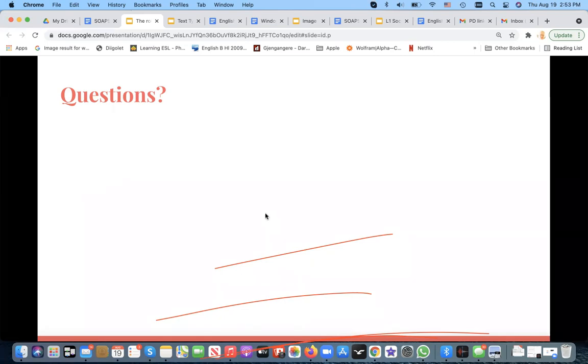Please send me some. Does anyone maybe have a question about how to modify this for younger learners? When I work with younger students, like 8th graders or 9th graders, I would scaffold it more.